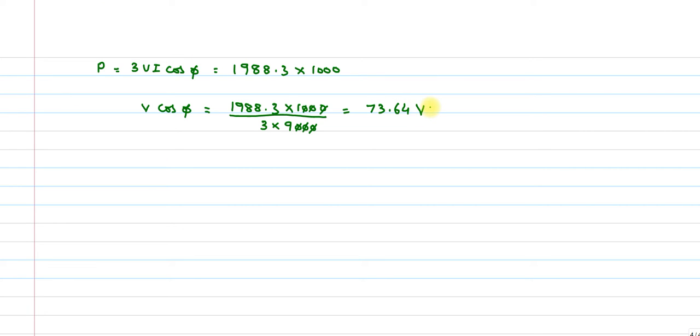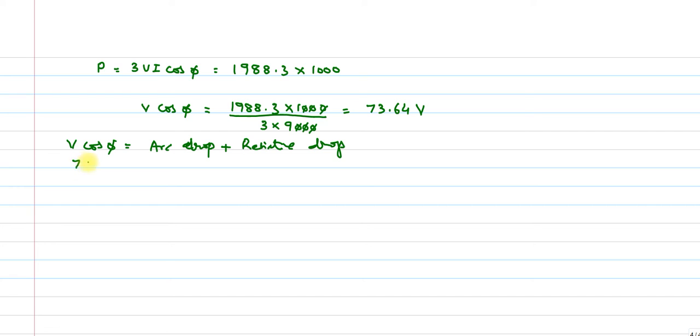So this is the total real power we can call. This real power, V cos phi, will be equal to arc drop plus resistive drop.